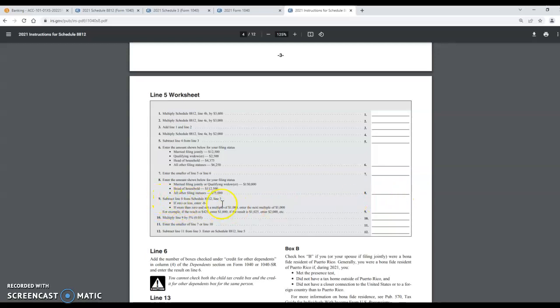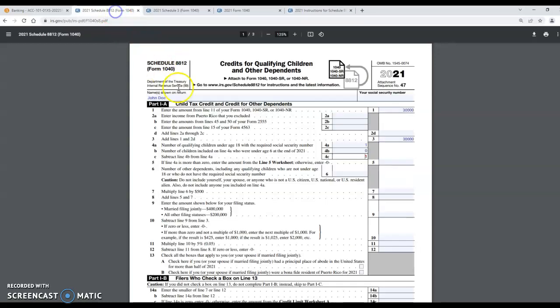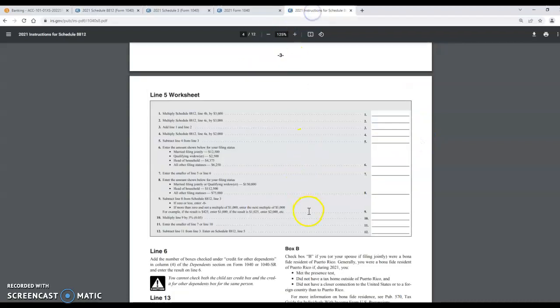Line 9, subtract 8 from schedule 8812, line 3. So that was our AGI, 30,000, okay? And so 30,000 minus 112,500 is going to be a negative number. It's going to be less than 0. So line 9 is 0.